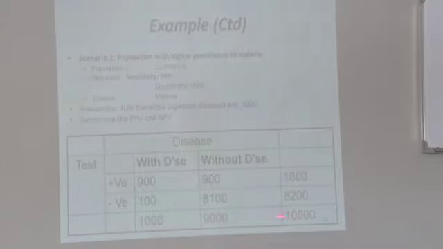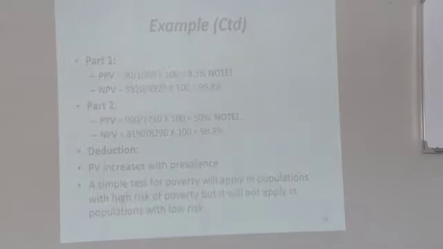So that means 10,000 minus 1,000 is 9,000. Test sensitivity is 90%, so 90% of 1,000 is 900. The balance here is 100. Specificity is 90%, so 90% of 9,000 is 8,100, and the balance here is 900. Now, when we compute the positive predictive value, it is 900 over 1,800, and the NPV is 8,100 over 8,200. And this is what we get.